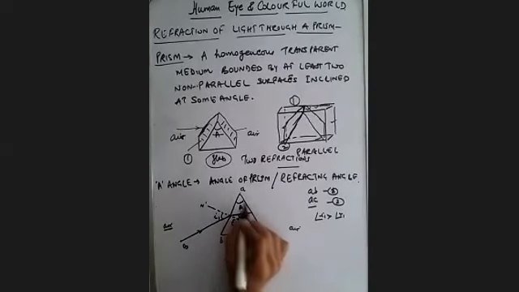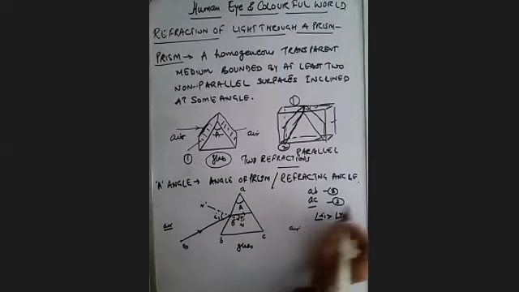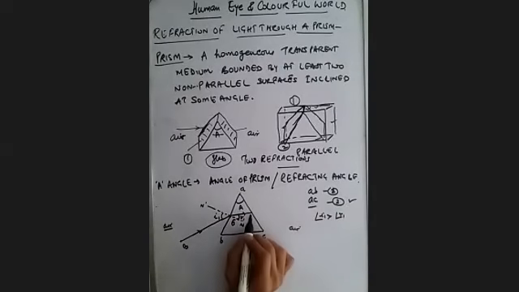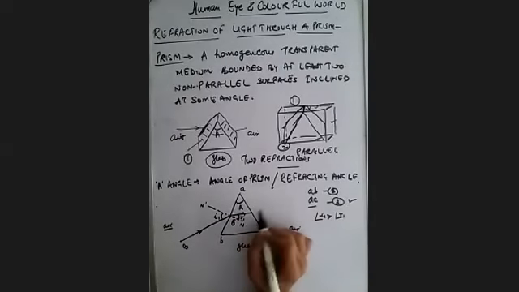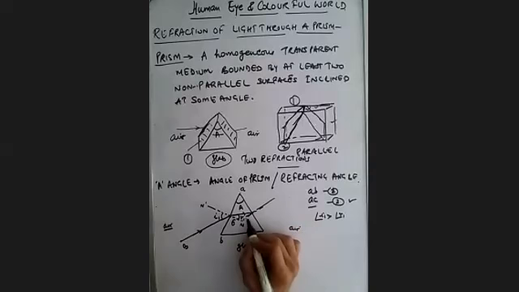Then it will reach the second refracting surface AC. And when it reaches here, what will happen? We can draw a normal at this surface. So this is the normal. So N M dash is the normal to the surface AC. This will become the angle of incidence for this surface.